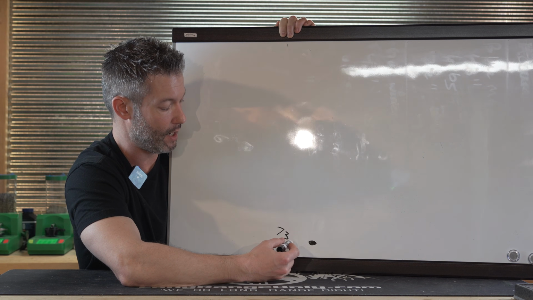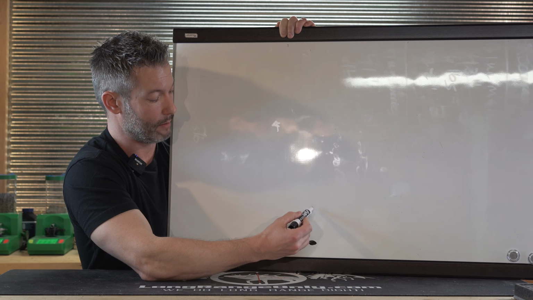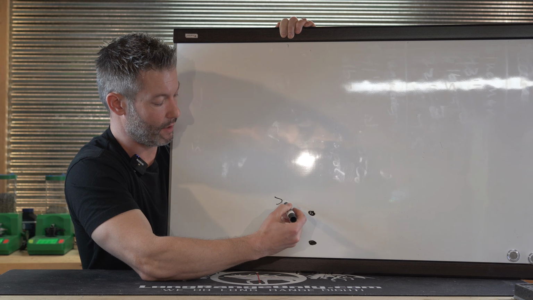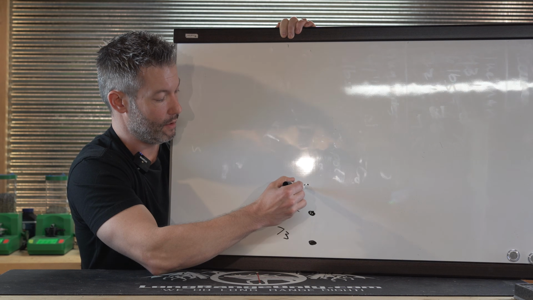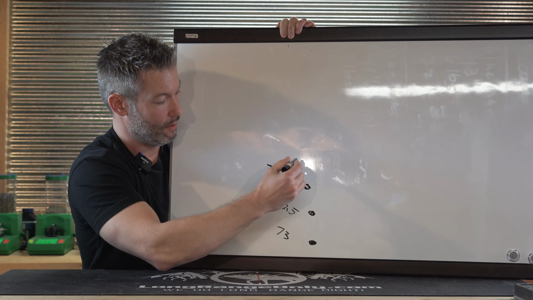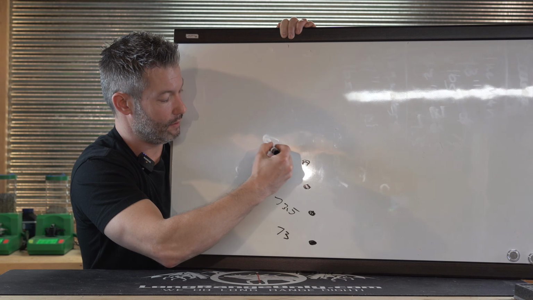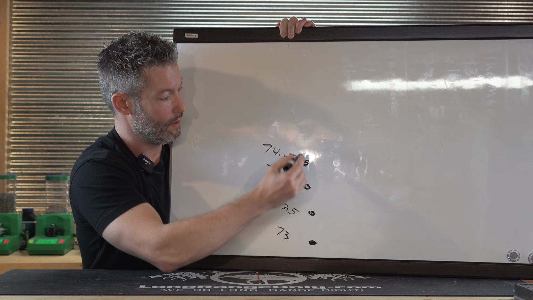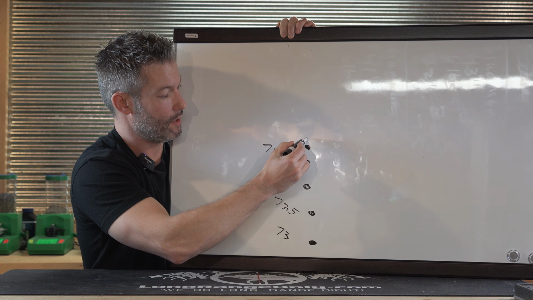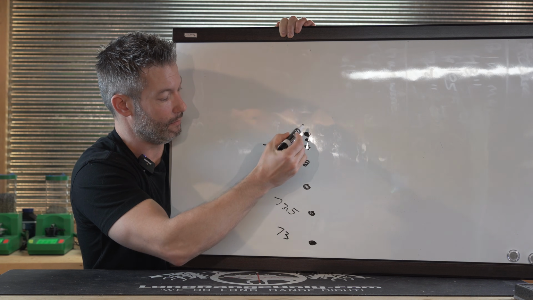So 73 grains, and then you fire a second shot of 73.5, and then 74, then 74.5, and then all of a sudden you start coming in here and it gets real tight.